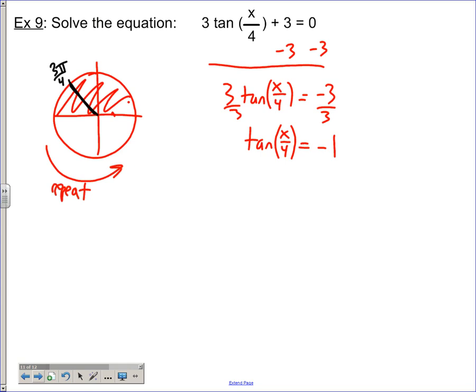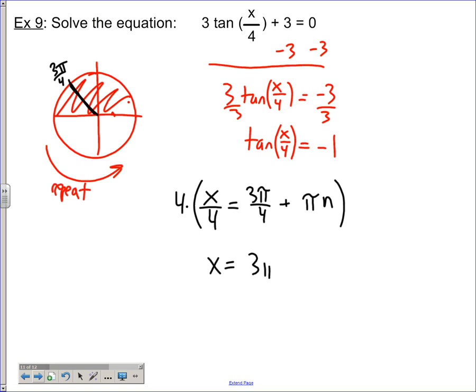So we can set it up just like the last problem, but instead of x, we have x over 4 is equal to 3 pi over 4 plus pi n. And then to get our x alone, we just take our entire equation and we multiply by 4. So we get x equals 3 pi plus 4 pi n.